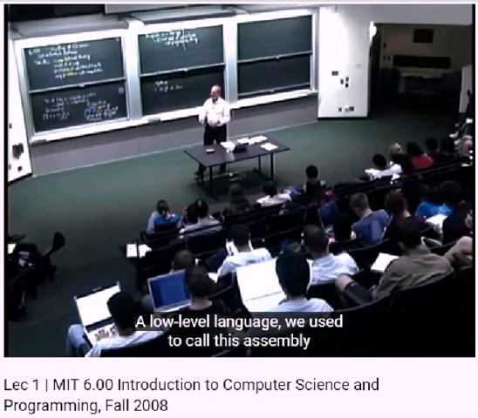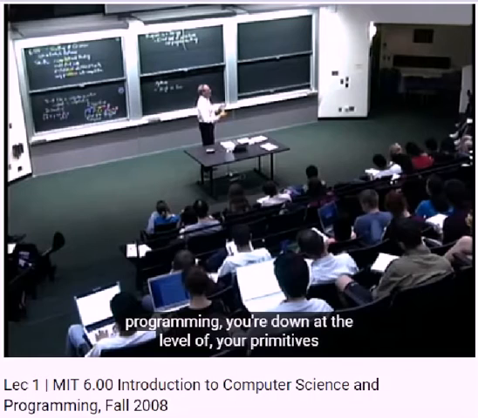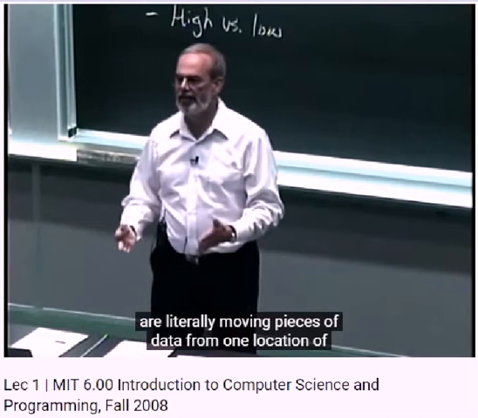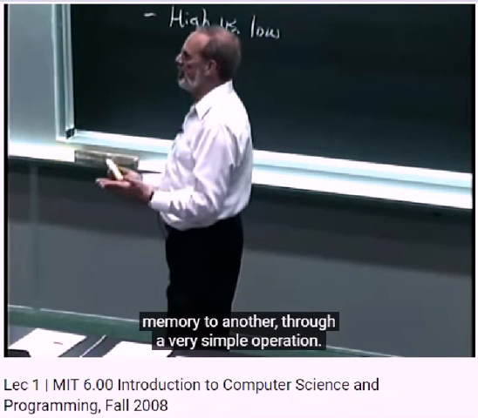A low-level language, we used to call this assembly programming. You're down at the level of your primitives, literally moving pieces of data from one location of memory to another through a very simple operation.